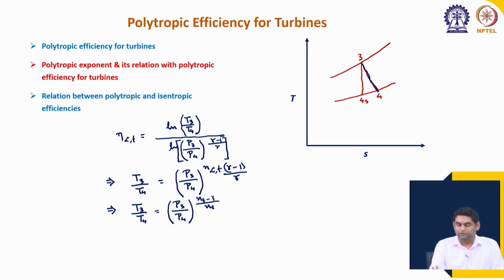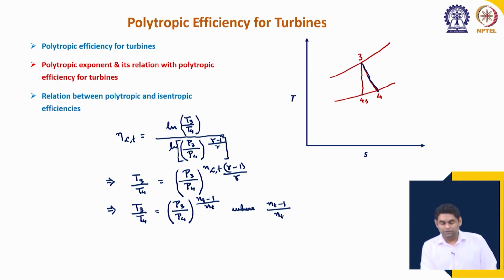So, this 3 to 4 acts like a polytropic process with the exponent Nt, where this value of Nt can be related to the ratio of the specific heats gamma and the polytropic efficiency as eta infinity T gamma minus 1 by gamma.